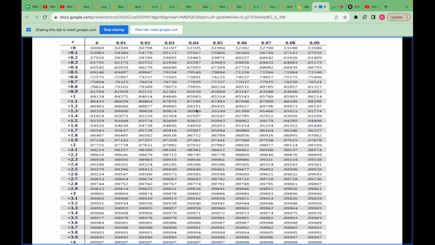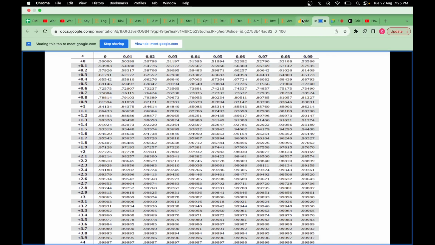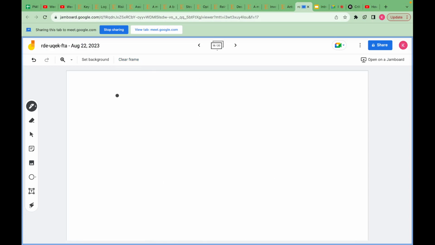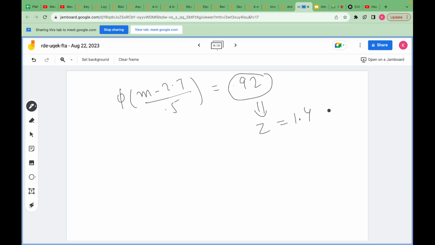In this chart we see that 0.92 lies between 1.40 and 1.41, and it is closer to 1.41. So phi of (m minus 2.7) divided by 0.5 equals 0.92, and the corresponding z value for this is 1.4 or 1.41. We can take either.